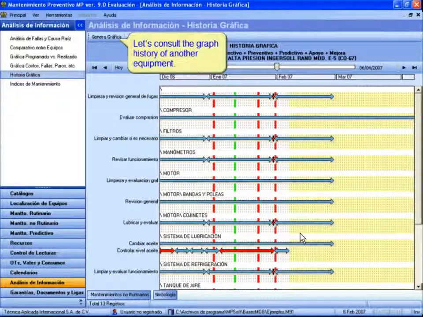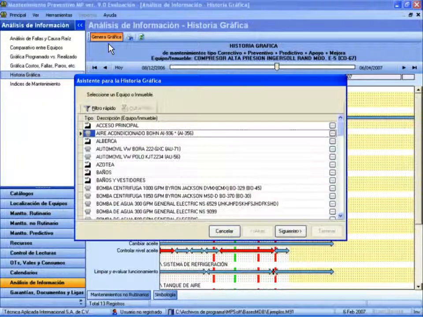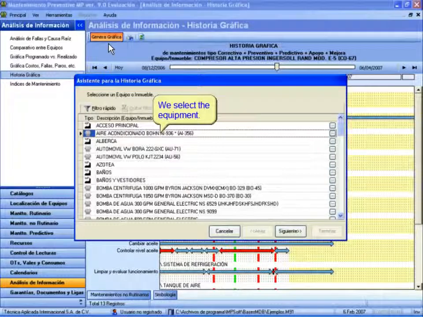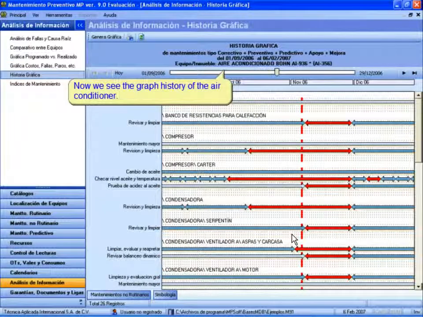Let's consult the graph history of another equipment. We select the equipment. Now we see the graph history of the air conditioner.